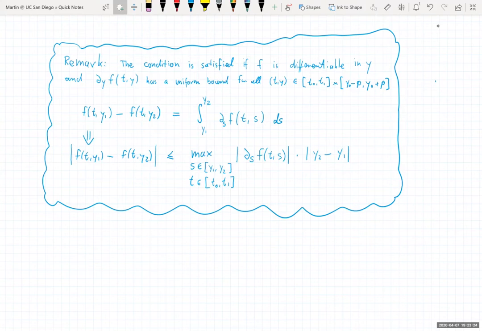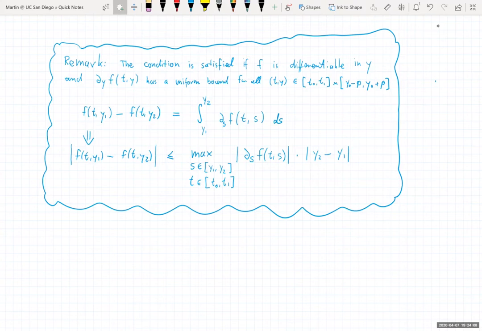For example, we can apply the Picard-Lindelöf Theorem, the scalar version, if the function f is differentiable in y, and the derivative is uniformly bounded for all t, y from this rectangle t0 till t1 times y0 minus rho till y0 plus rho.